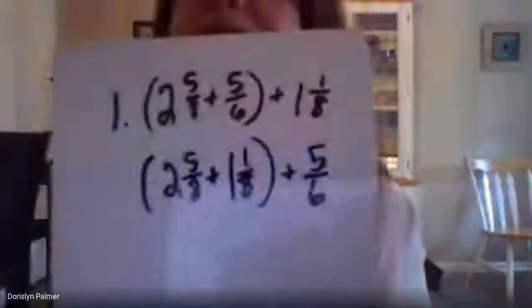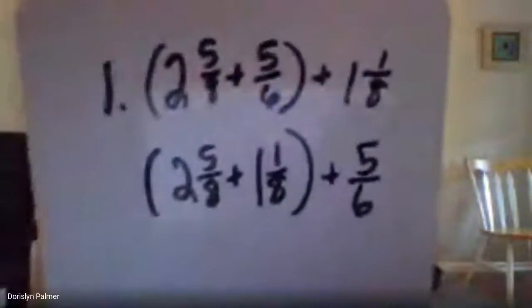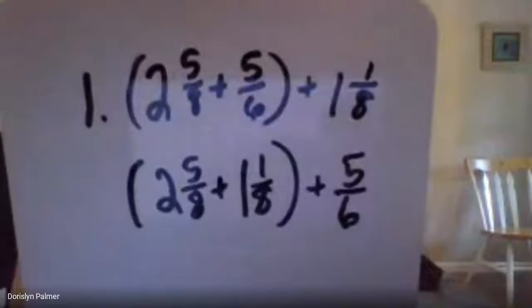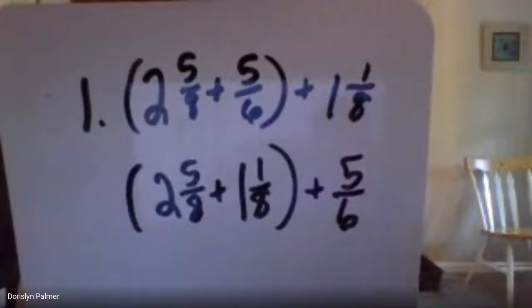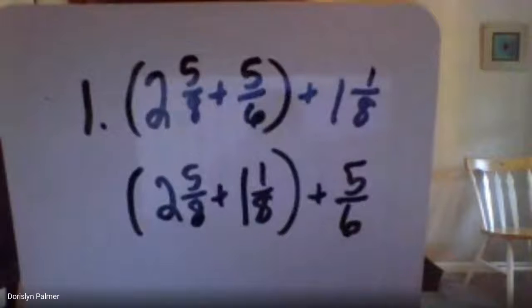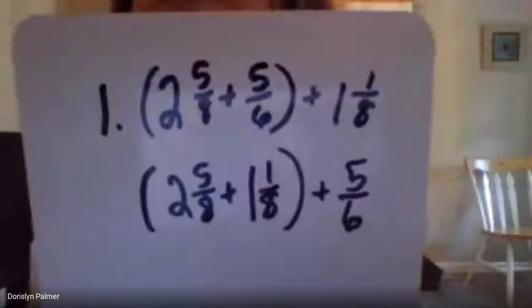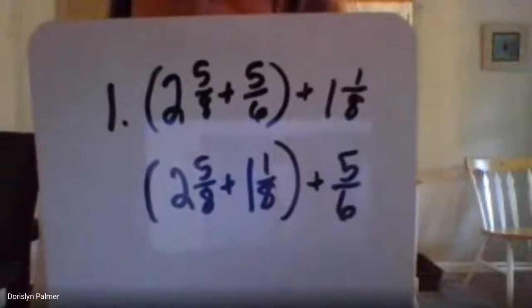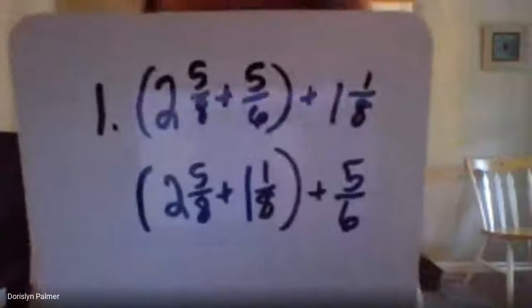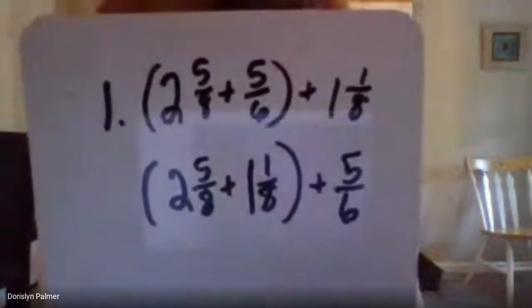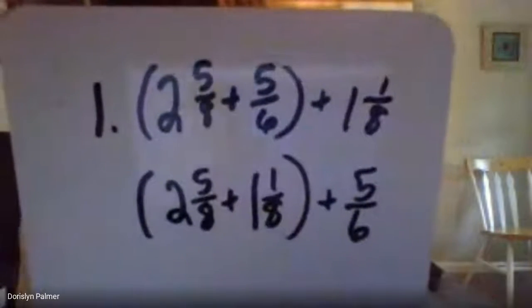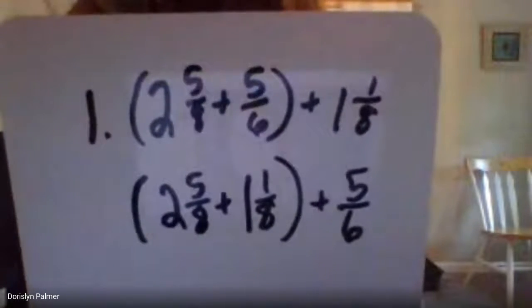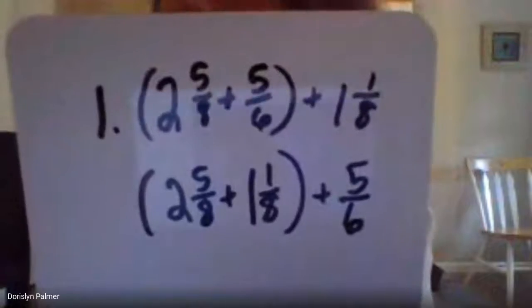So I want you to write that down under your problem. All right. So you flip-flopped 5/6 and 1 1/8. This is on page 409, number 1. And now that's going to make it easy to add what is inside my parentheses.